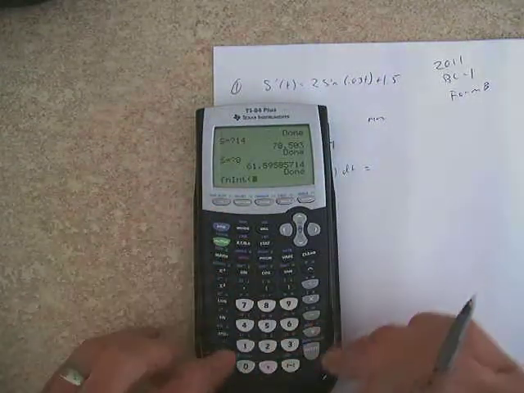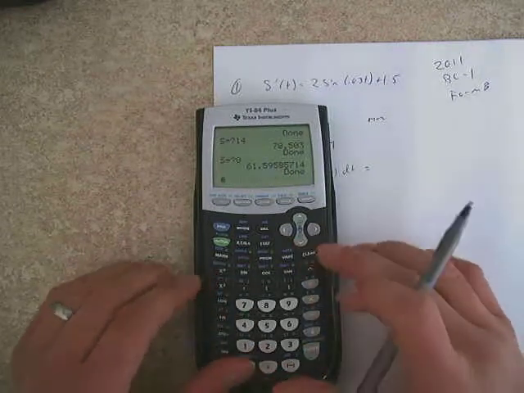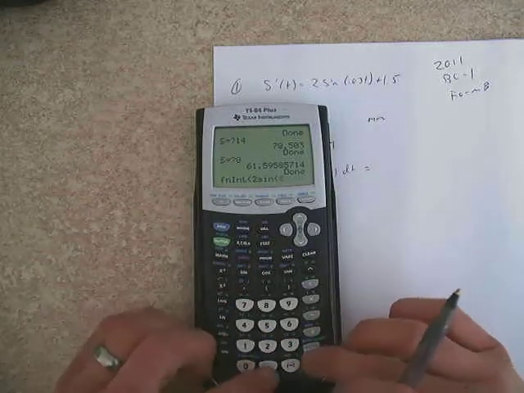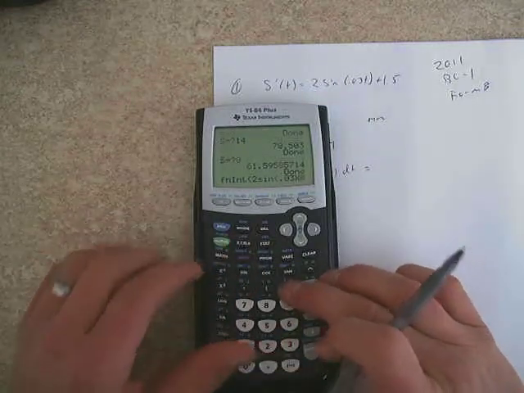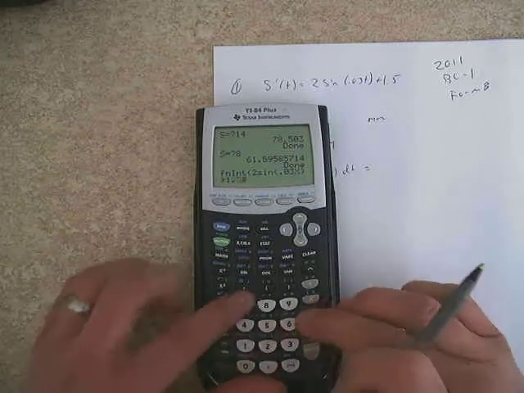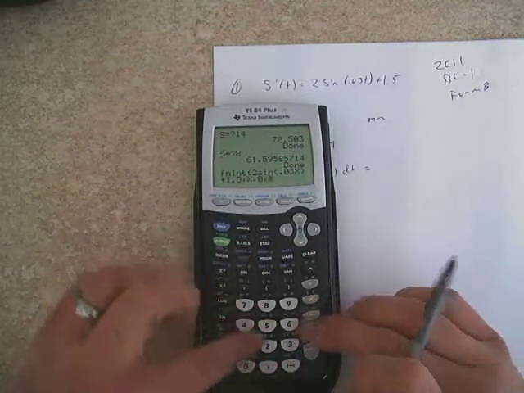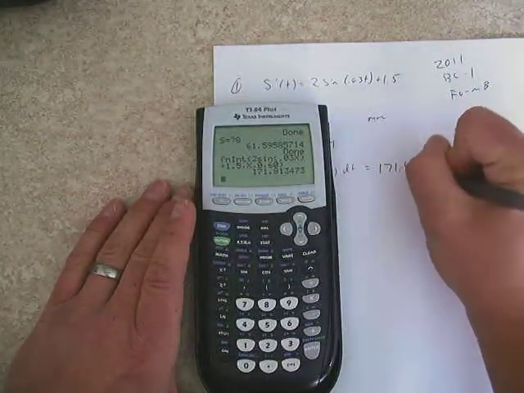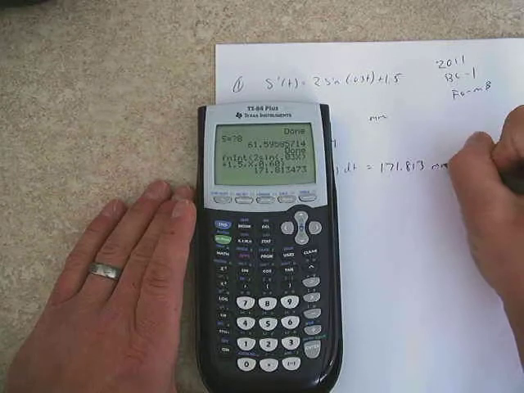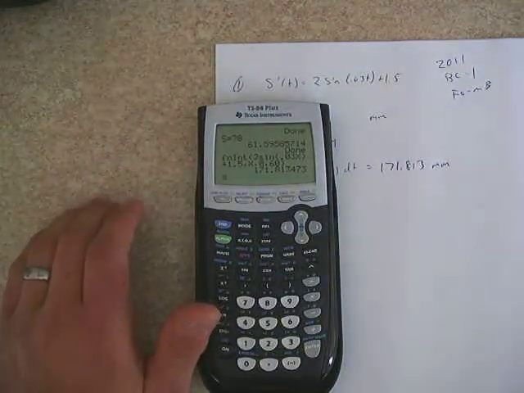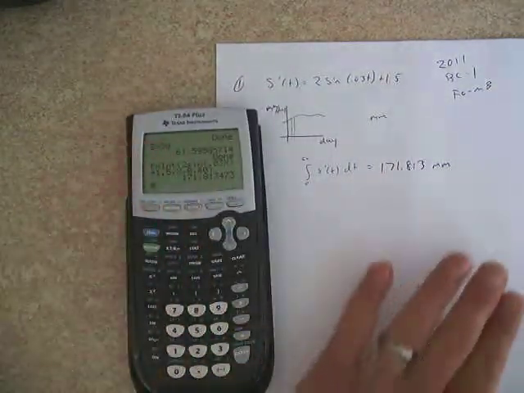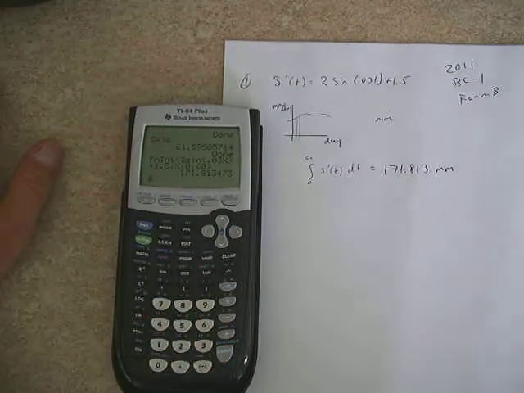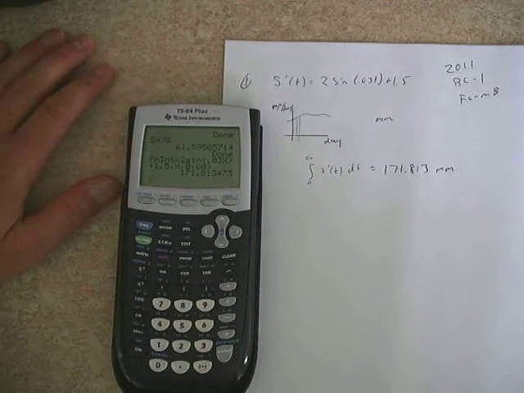So we're going to go from 0 to 60 of 2 sine 0.03 T plus 1.5, and we get 171.813 millimeters. All right. Any questions on any part of that one?